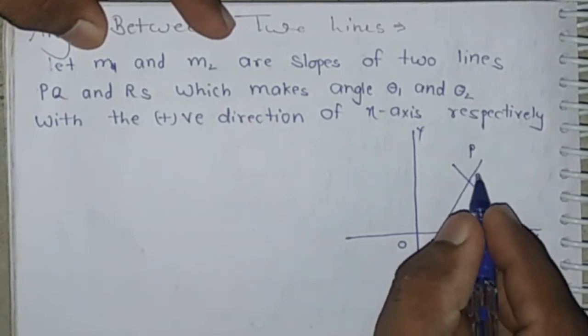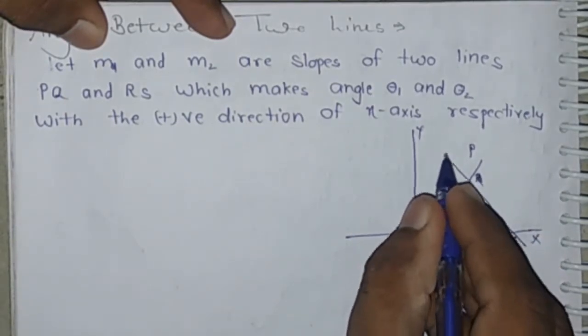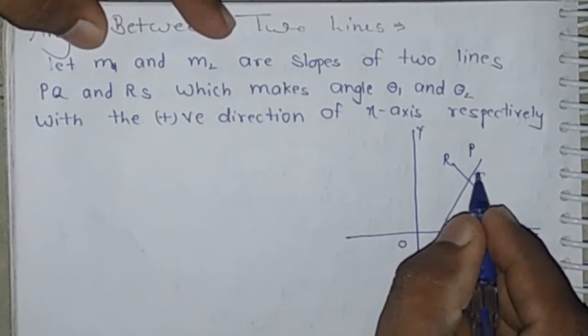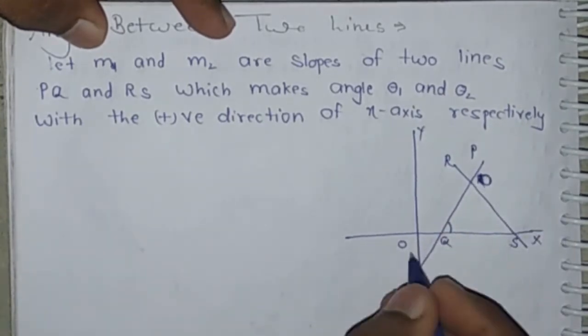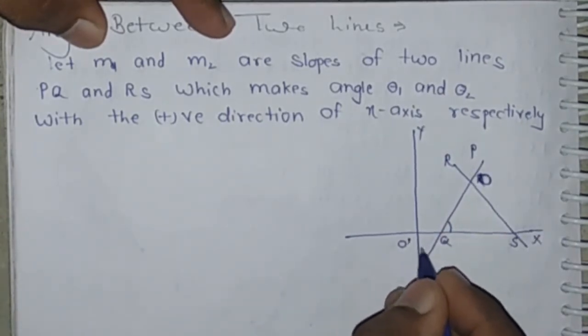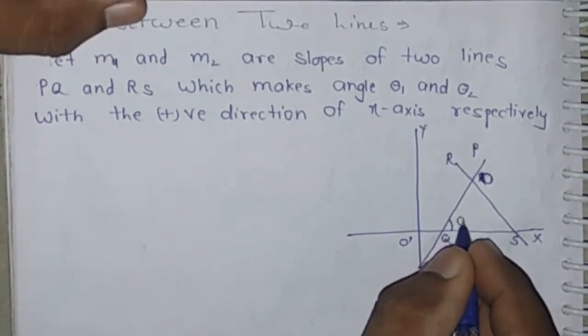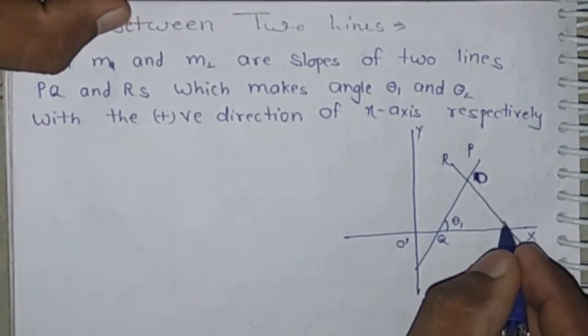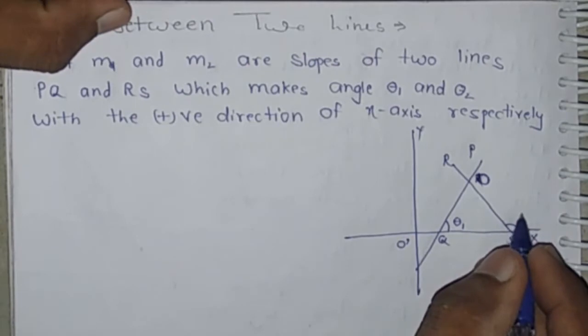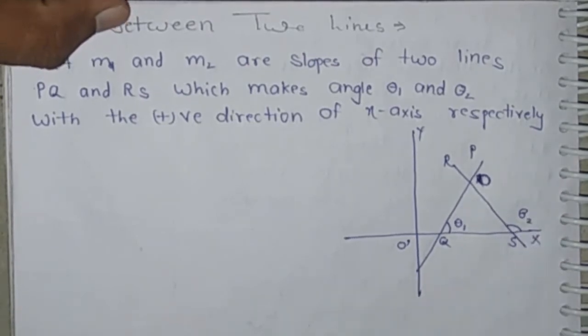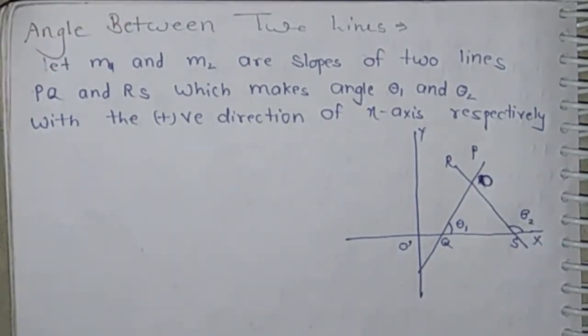PQ makes an angle theta 1 at this point O, that is O dash, with x-axis, and RS makes an angle theta 2 with the positive direction of x-axis.